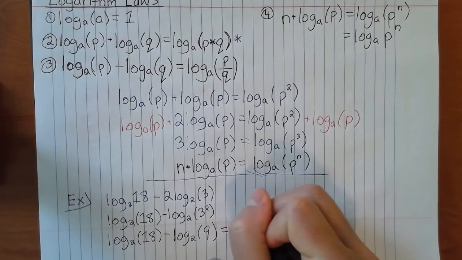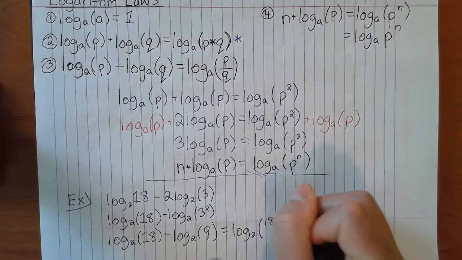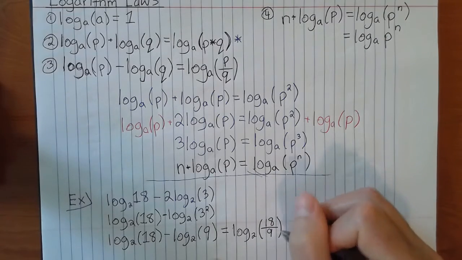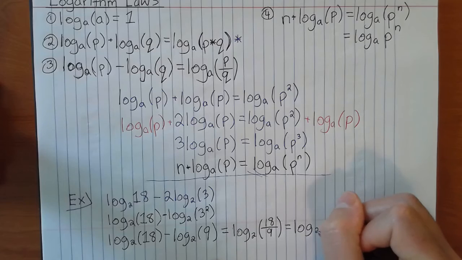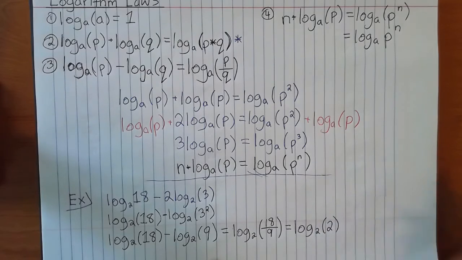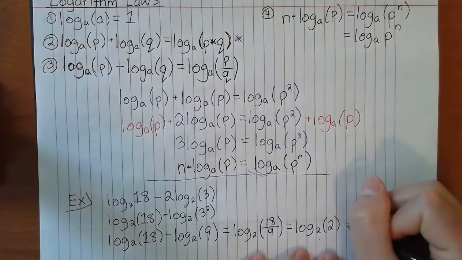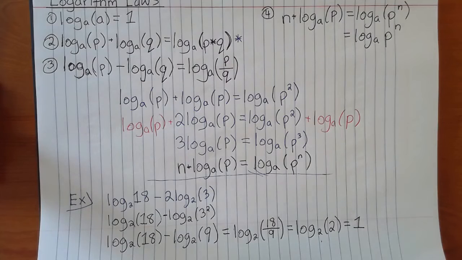So that means that we have log base 2 of 18 over 9. Well, 18 divided by 9 is equal to 2. And we now have log base 2 of 2. We now know that is equal to 1.